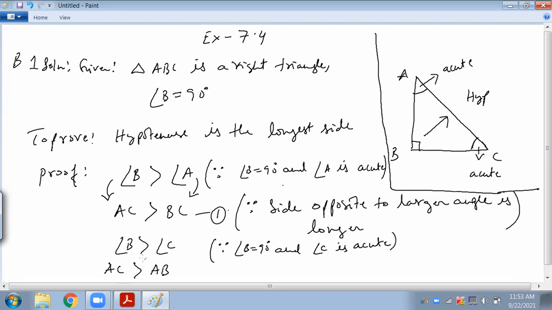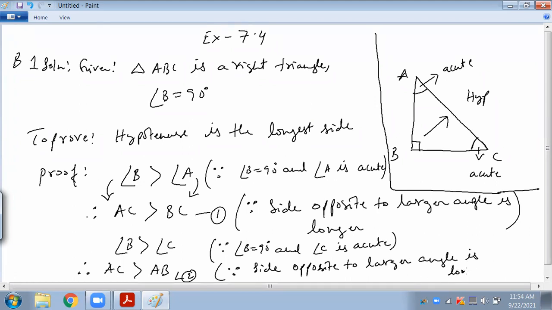So AC will be greater than AB. You can mark this 2, and the reason is the side opposite to the larger angle is longer.